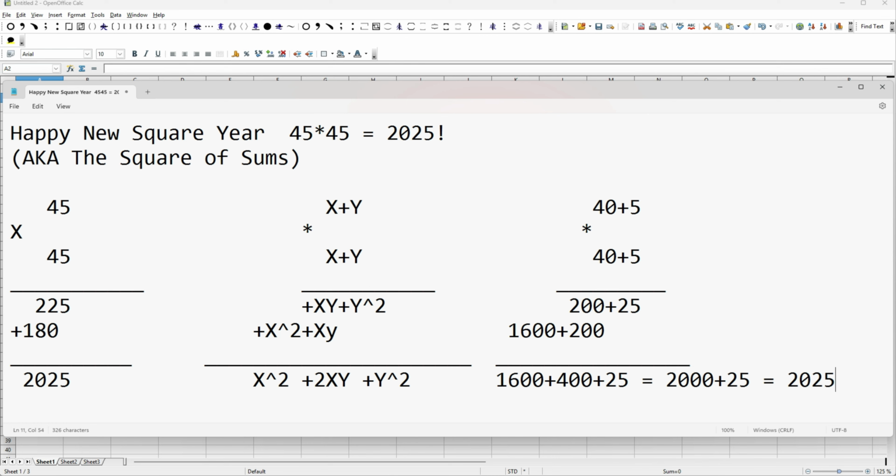So here I got 45 times 45. Now the long way of doing it, we take 5 times 5 is 25, we carry our 2 up here, and we go 4 times 5 is 20 plus 2 is 22, and then there's no place to carry that 2 to, you just drop it down. And then here you got 4 times 5 is 20, and we carry that 2 up here, and then we go 4 times 4 is 16 plus 2 is 18.